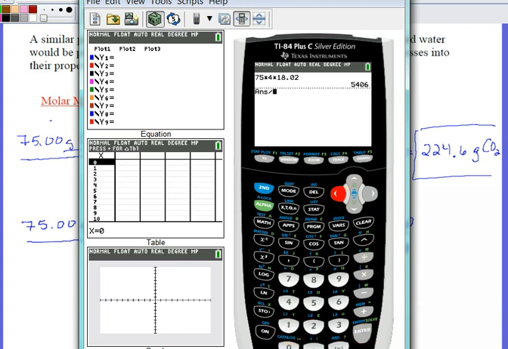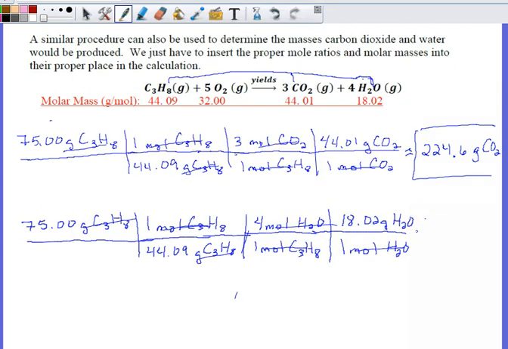Oops. 122.6. That 1 won't make that 6 round up, so I'm going to just round it to right there. 122, so I'm going to say approximately 122.6 grams of water.